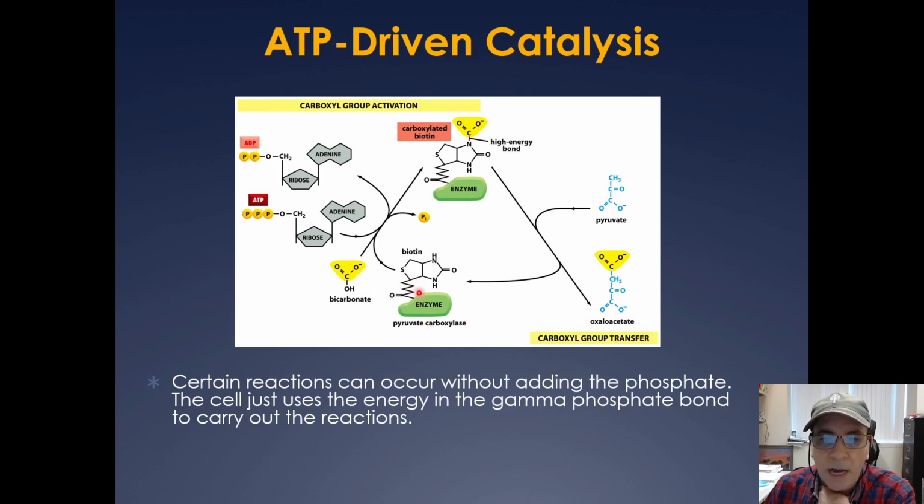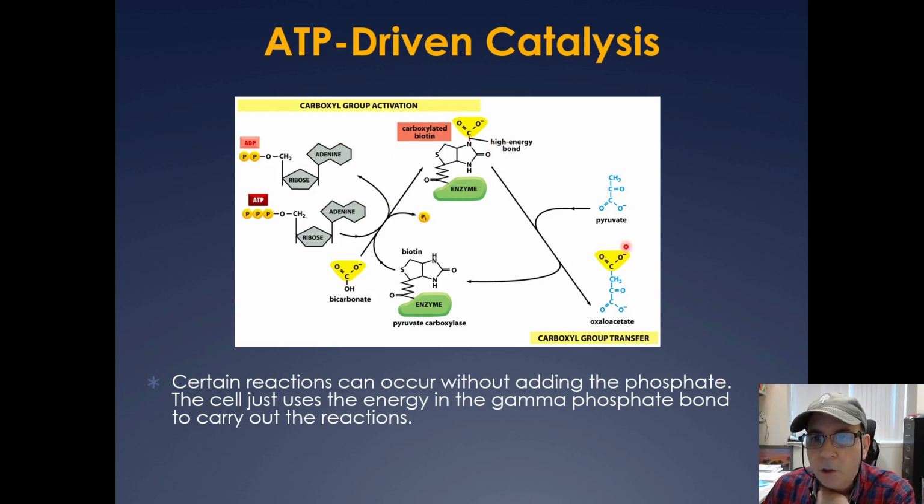And so what ends up happening is you get the carboxyl group added to the biotin in the enzyme, and in the process it uses the energy from the gamma phosphate of ATP and converts the ATP to ADP, and inorganic phosphate is released, so that you have this sort of high energy intermediate.